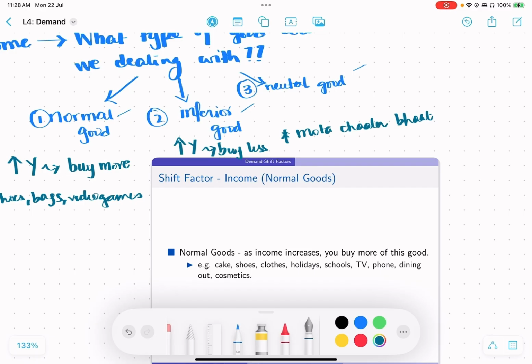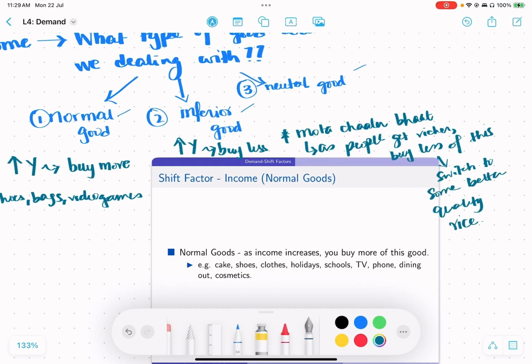And what type of rice do people usually like? Usually it's like basmati, right? But mota chalar bhat, nobody gets very excited about it. So basically, the idea is that as people get richer, they would actually buy less of this. They would move away from this. Most likely, they would switch to some better quality rice.